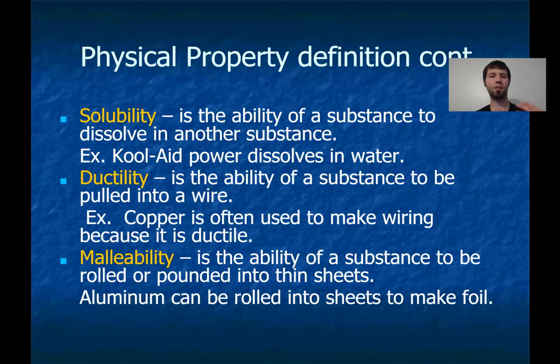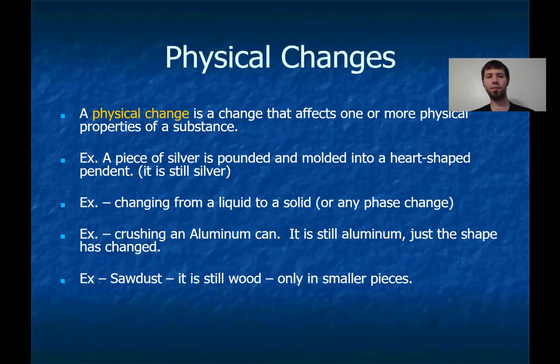Anyway, more on that later. Ductility is kind of how much I can bend something. For example, a paper clip is much more ductile than a nail. It's much easier to bend a paper clip than a nail. Malleability is the ability to roll or pound something into thin sheets.